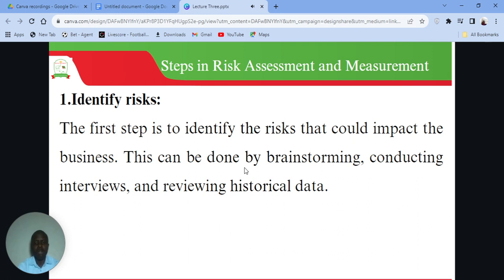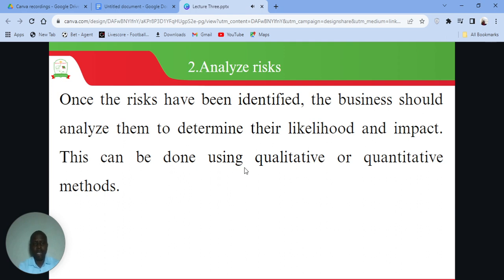And then we also need to review historical data of various risks that may have occurred a while ago, years ago, months ago. We can also use that data to project the likelihood of a risk happening. Then from there, we analyze the risks.